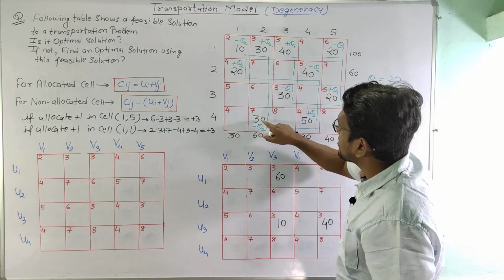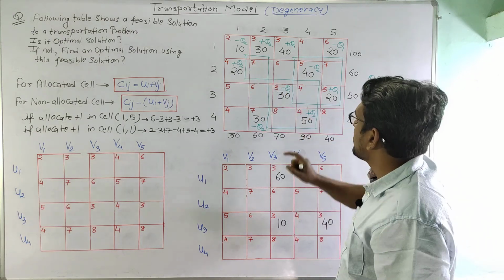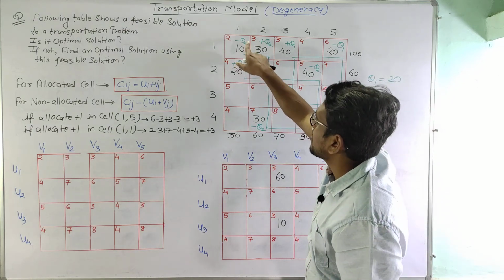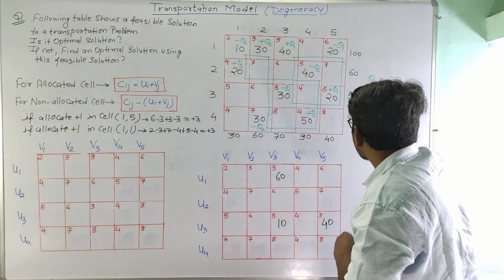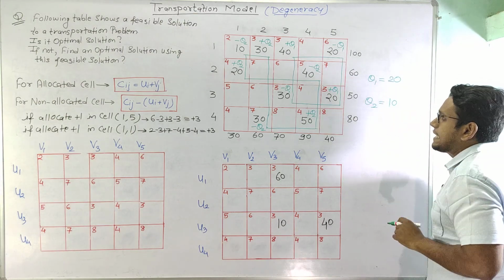So among these 3, we will select the minimum value of theta 2. So minimum value of theta 2 is coming here, where theta 2 is coming as 10. So we will select the value of theta 2 as equal to 10.